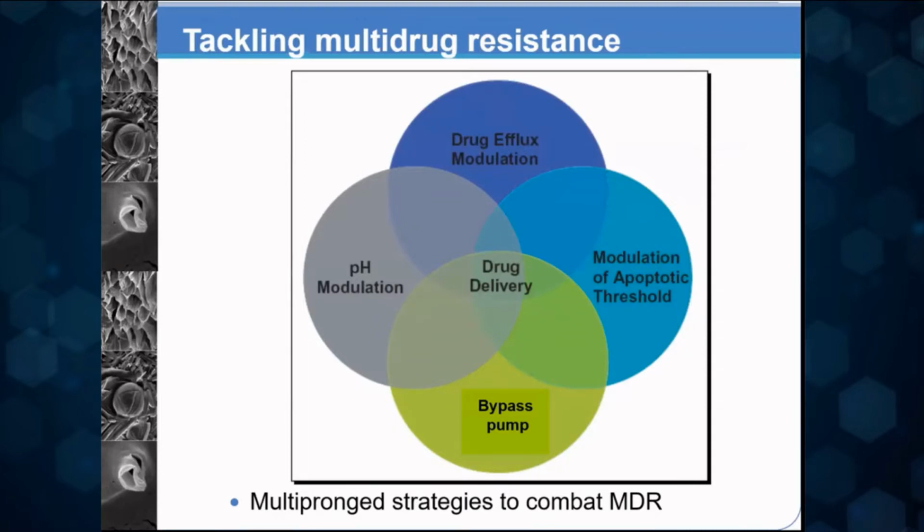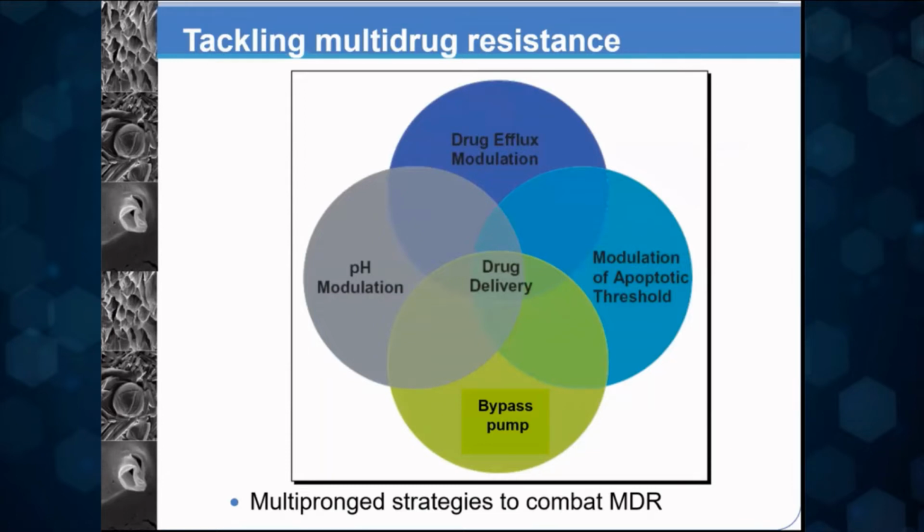And there are multiple mechanisms for this, but the concept is that if you have to address this, you have to target one of the multiple mechanisms responsible for resistance and try to either bypass or limit the effect of that resistance. So some of these are mentioned here, like pH modulation, drug efflux.